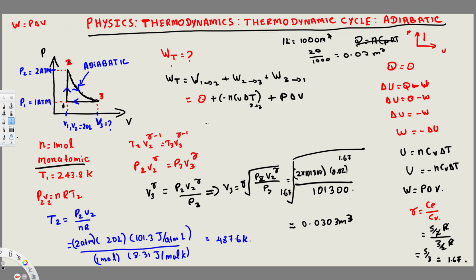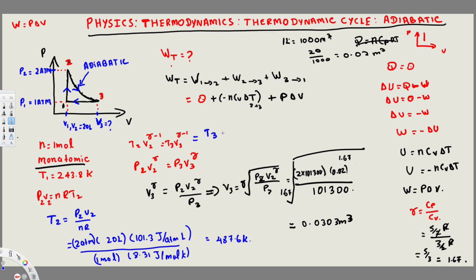You can use this equation, or you can use T2 V2 power gamma minus 1 equals T3 V3 power gamma minus 1, both will work. This is a new equation. We used to use the ideal gas law. Let's do it by this equation, right? So let's use this equation.